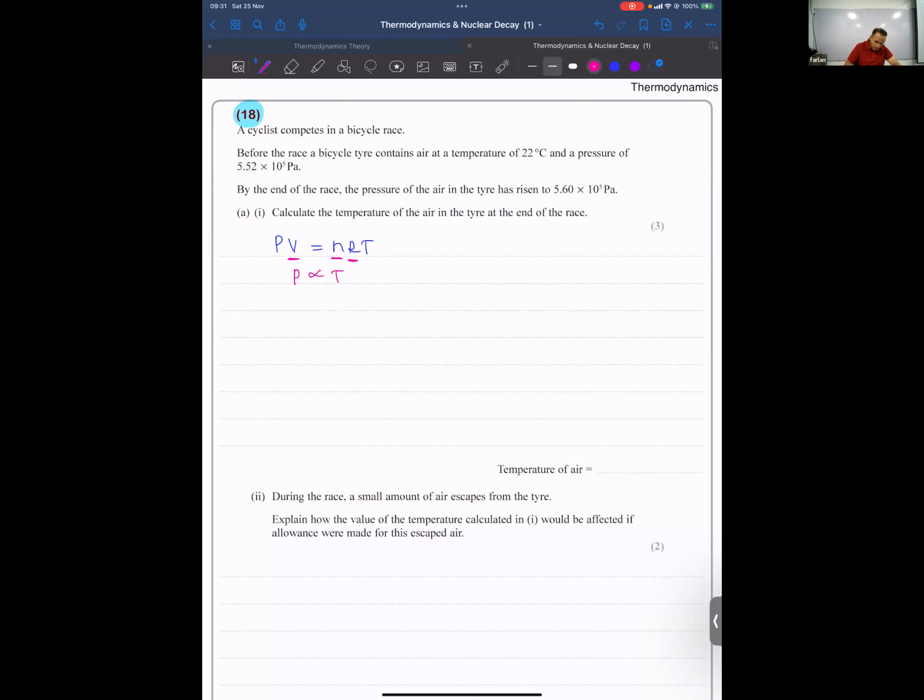So I can consider that P over T is a constant in either case. So P1 over T1 equals P2 over T2. At the beginning, what is the pressure? 5.52 times 10 to the power 5. And the temperature is what?